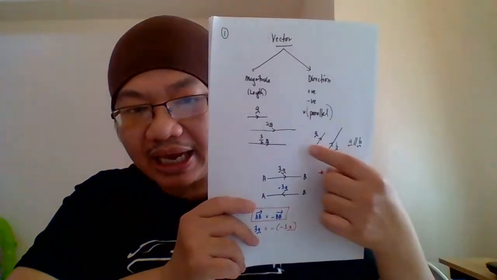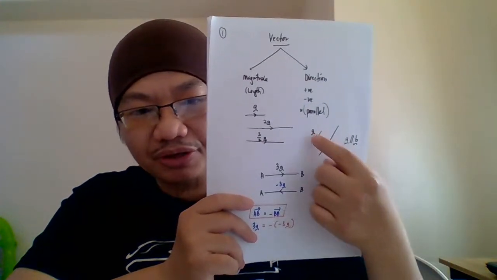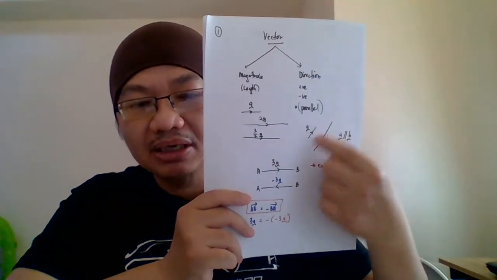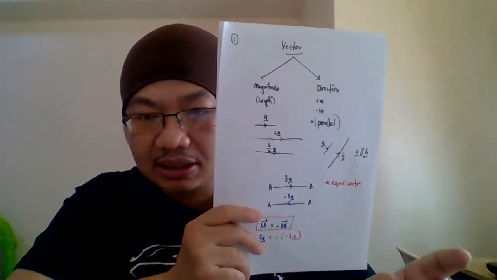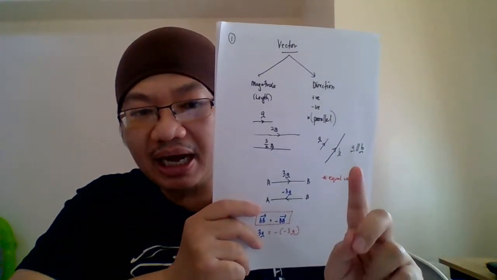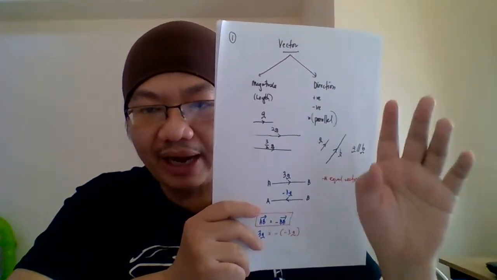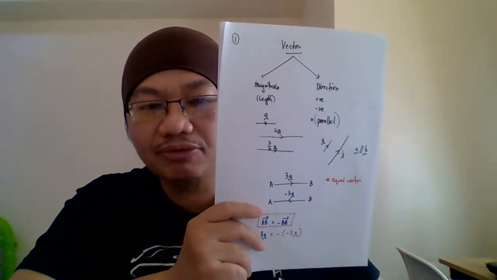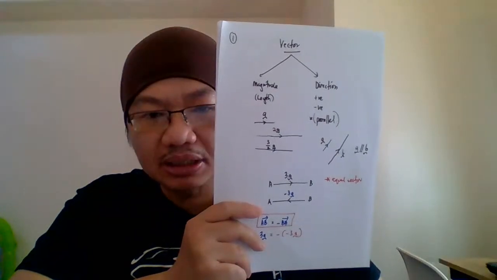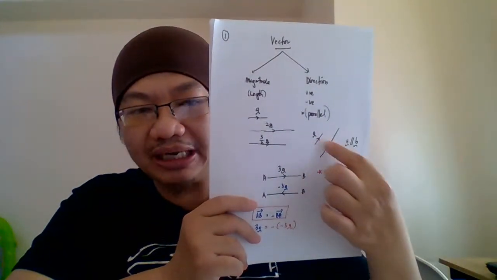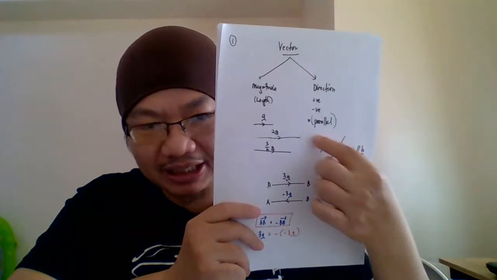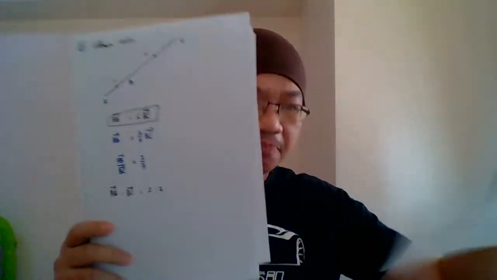Equal vector means, in this example diagram I'm showing you, they are parallel vectors but not equal vectors. Equal vector means they have similar magnitude. That is what we call equal vector. This one is not an equal vector but they are parallel to each other.